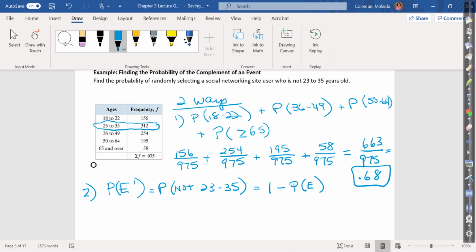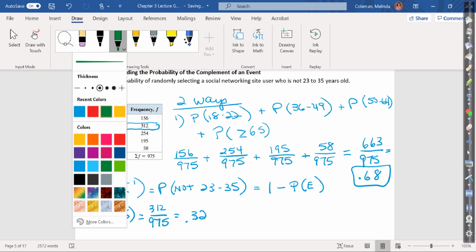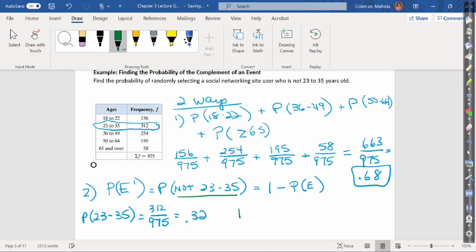From a previous example, we determined the probability that they are 23 to 35 was 312 over 975, which was 0.32. So the probability that they are not that age would be 1 minus 0.32, which is equal to 0.68.